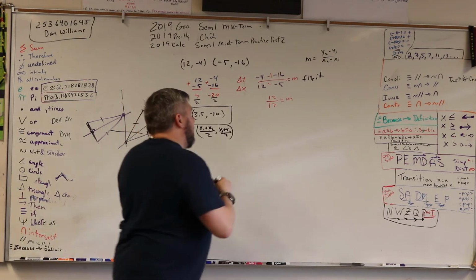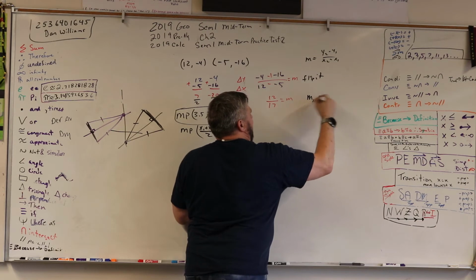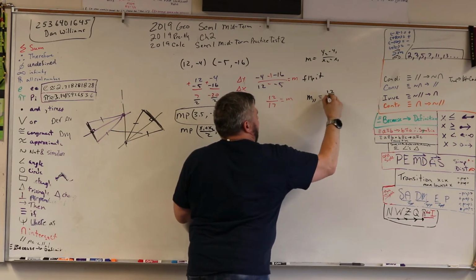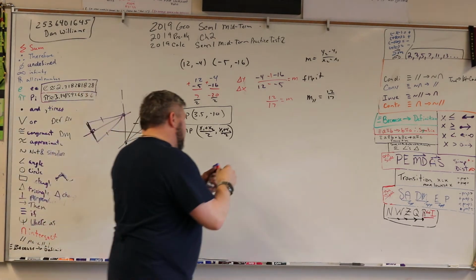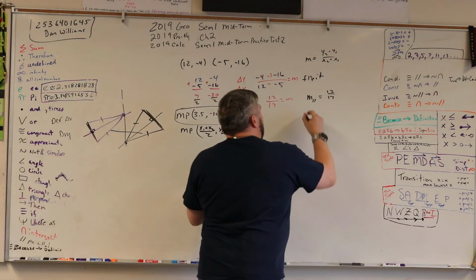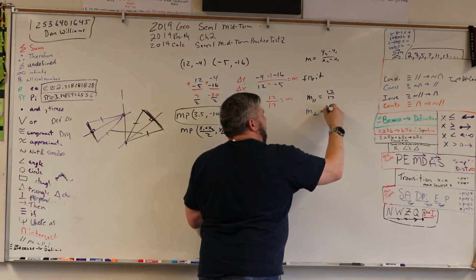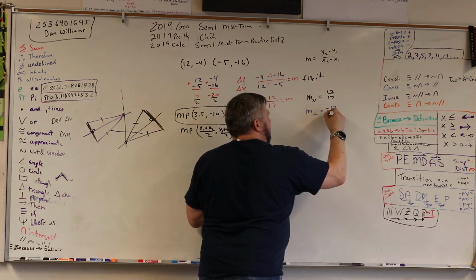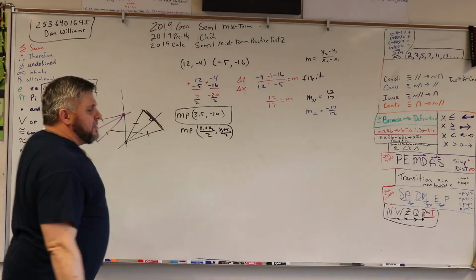So, my parallel slope would be the same slope, 12 over 17. But my perpendicular slope, right, m perpendicular, is actually the opposite inverse. So it's negative 17 over 12. Right?